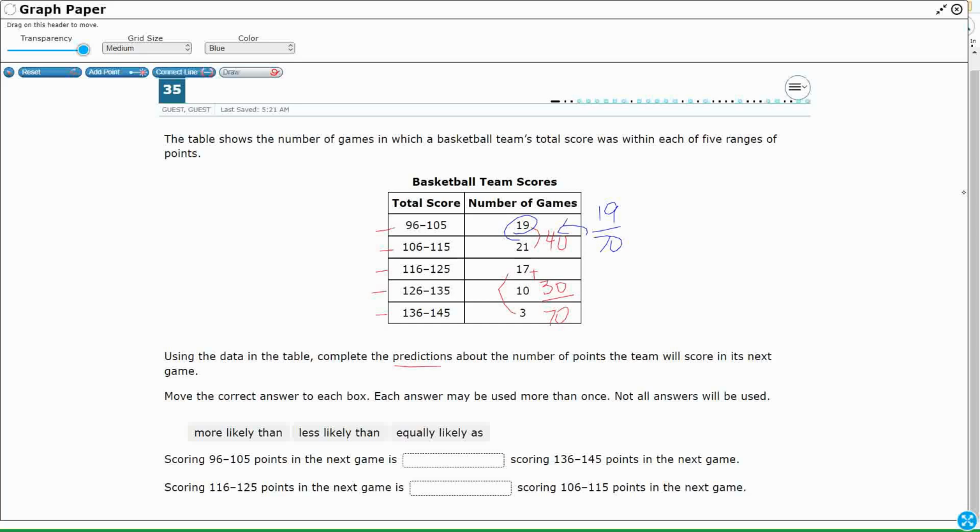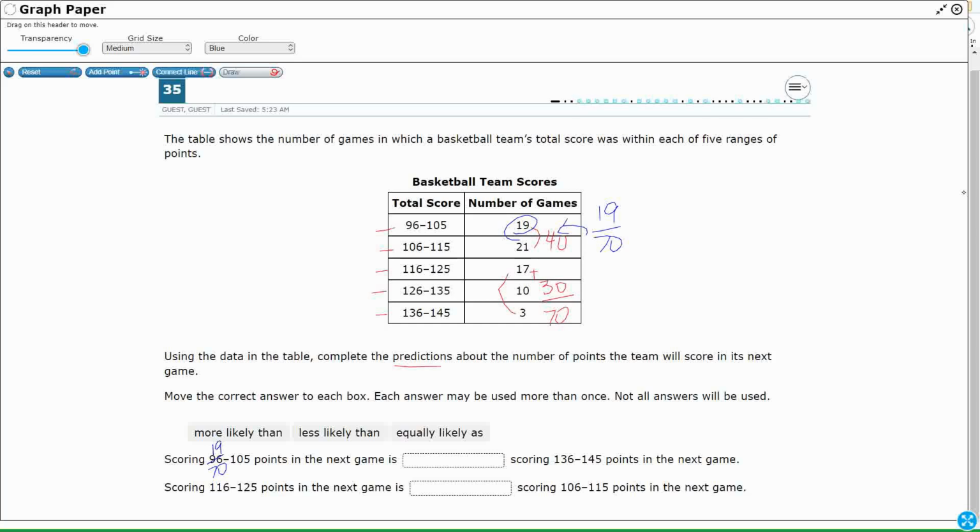We don't necessarily need to calculate the actual percentage because really, since they're all going to have the same denominator of 70, we could just look at the number of games. So we could just compare those, right? So 96 to 105 is going to be this 19 out of 70 fraction.